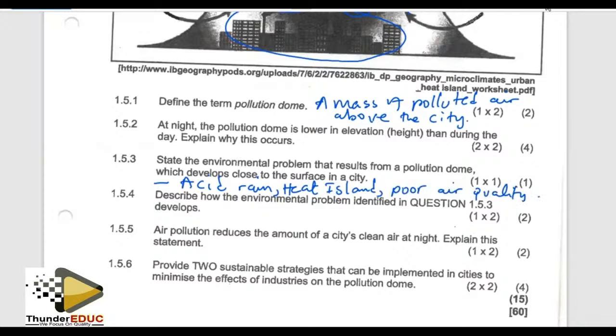So there could be a formation of acid rain, development of heat islands, or poor air quality.